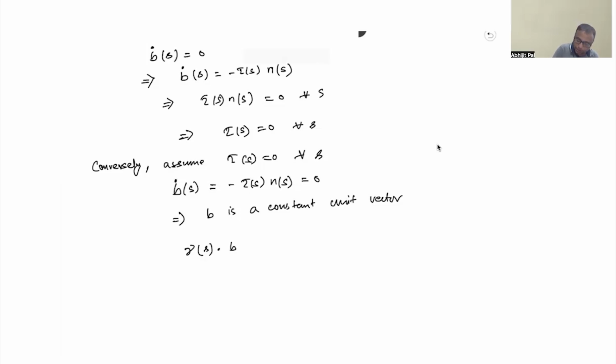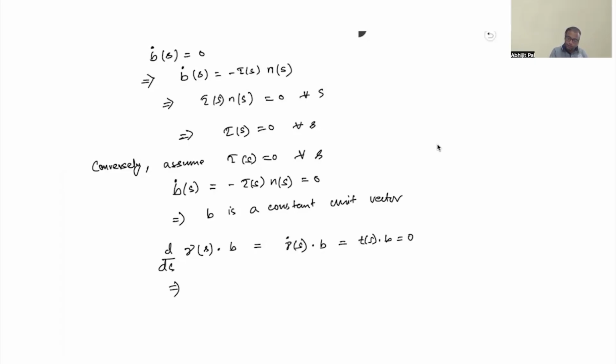In order to prove this is constant, take the derivative of this, which is nothing but gamma dot(s) dot product with B. B is a constant vector, so therefore we have this thing, and this is my tangent vector dot product with B. The tangent vector is orthogonal to B, so therefore this is equal to 0.